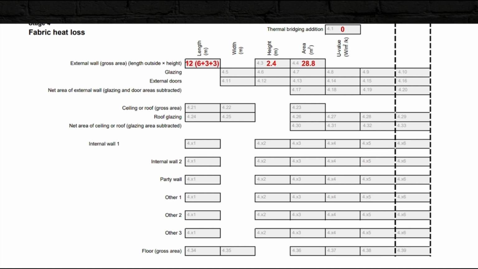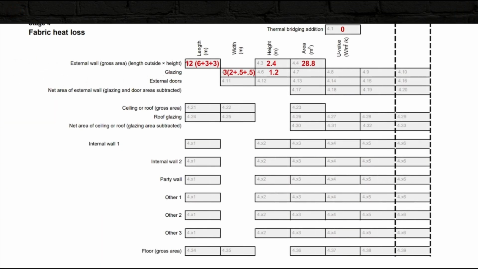Now at this stage, we are going to leave the external walls because not all of our external walls are the same structure. We have windows, and we have French doors. So we move down to box 4.5. Our glazing, again, I have added the widths of our three windows together, and the reason I can do this is because they are all the same height. They were all 1.2 meters high.